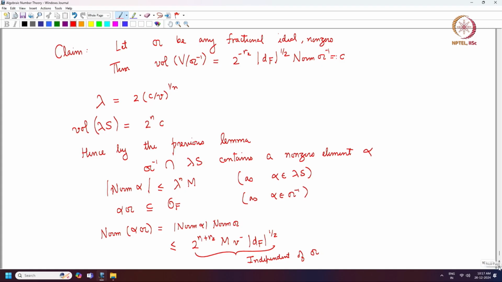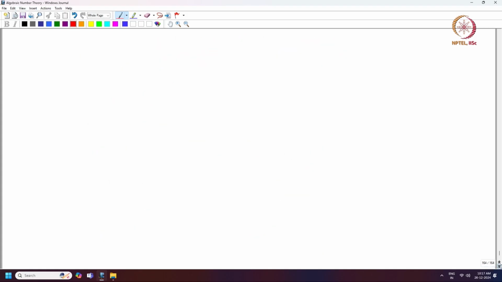So, this quantity is independent of A. Now, alpha A is an integral ideal in the same class as A. Hence, we have proved our result.